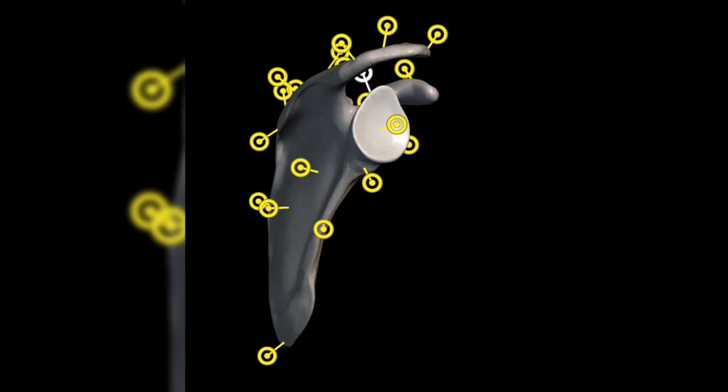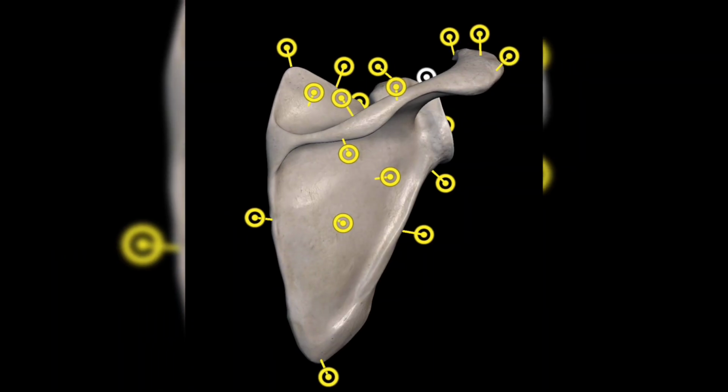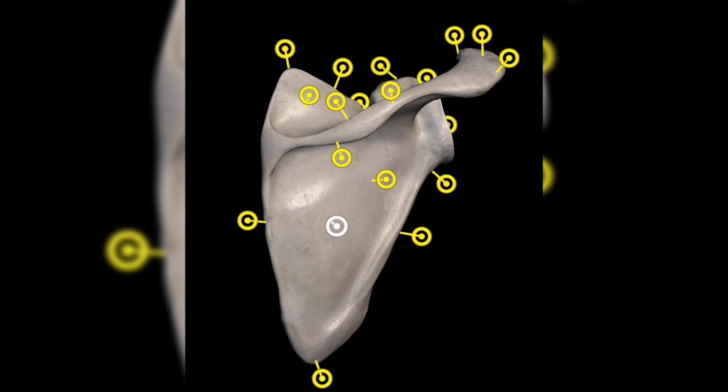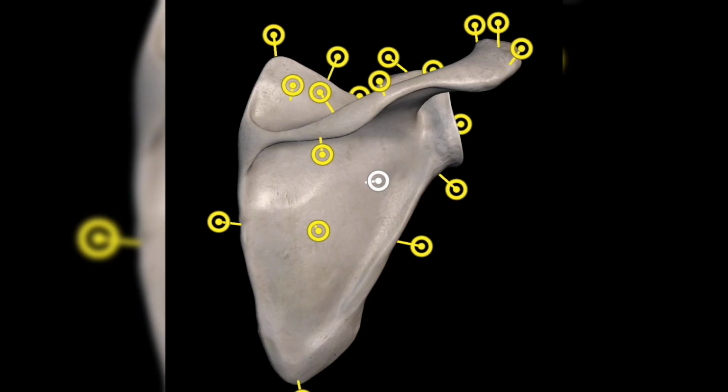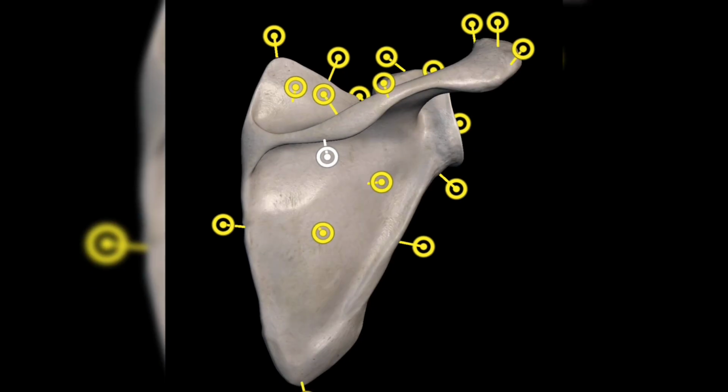The spine or spinous process is a triangular plate of bone with 3 borders and 2 surfaces. It divides the dorsal surface of the scapula into supraspinous and infraspinous fossa. Its posterior border is called the crest of the spine. The crest has upper lip and lower lip.